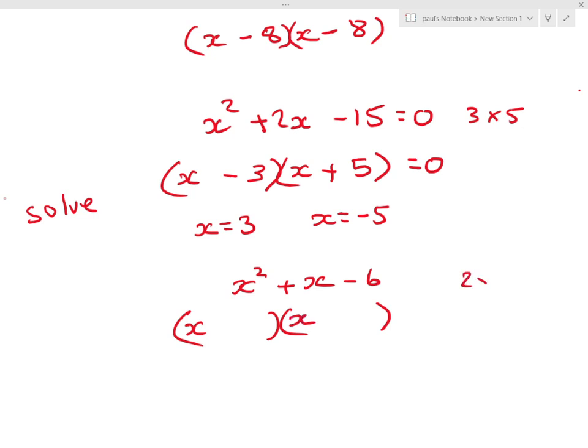Now 6 is 2 times 3. So we got 2 times 3. Add together to make plus 1. So it's minus 2 plus 3. And if we solve for x, then in this bracket x must be equal to 2. And in this bracket x must be equal to minus 3.